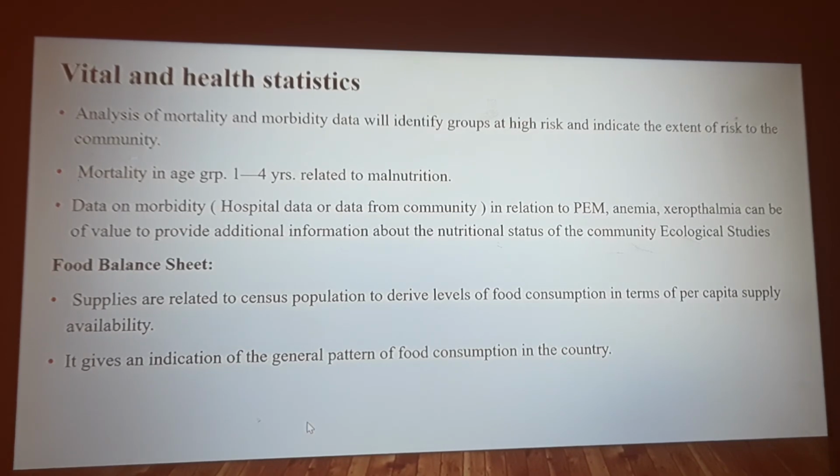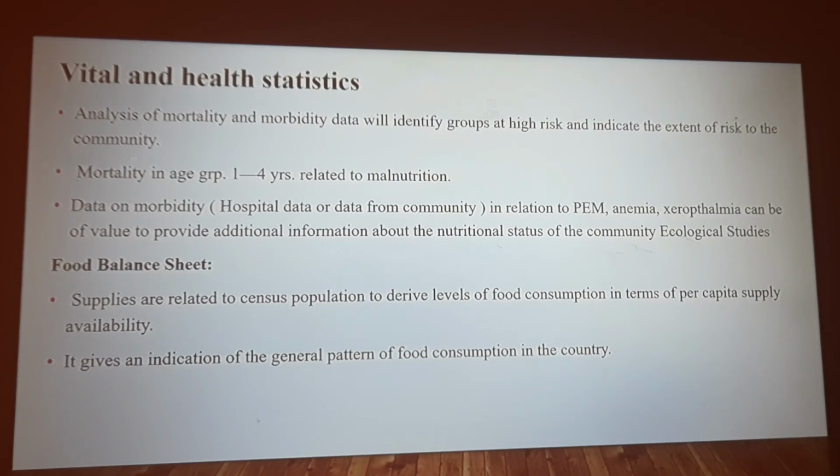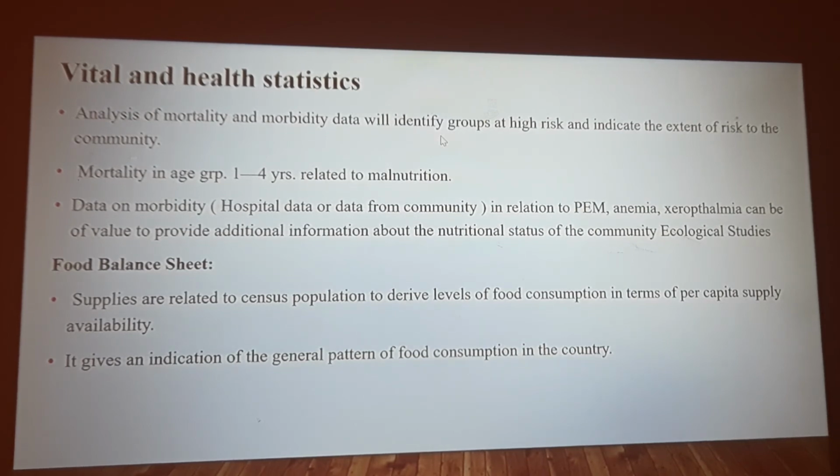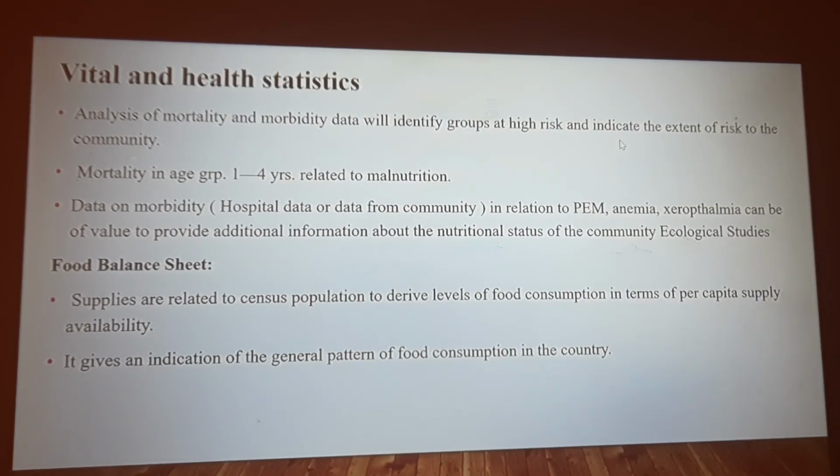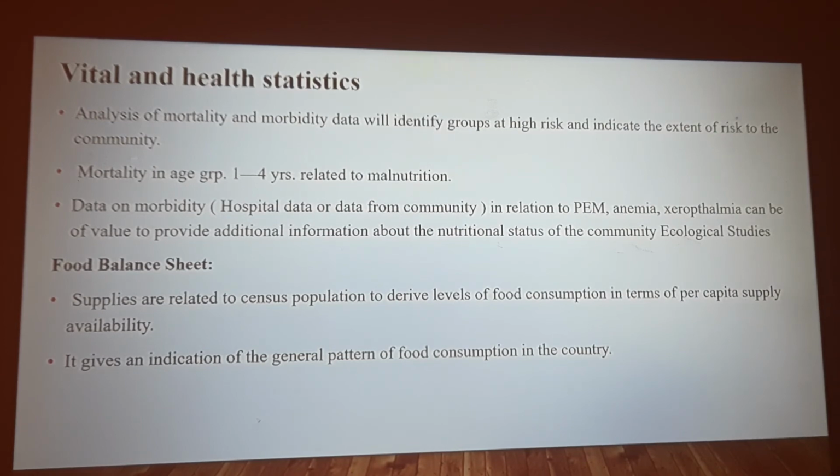The next one is vital and health statistics. There we have to check their vitals and health statistics. In this analysis, mortality and morbidity data help define groups at high risk and indicate the extent of risk to the community.